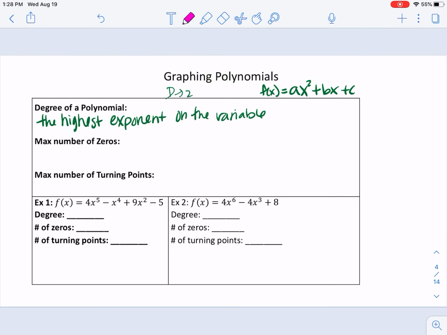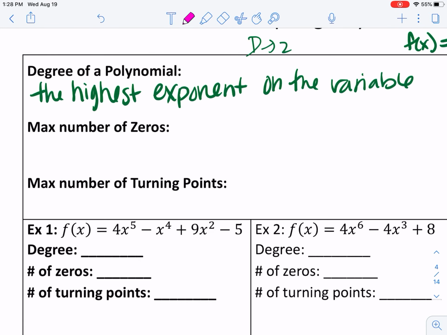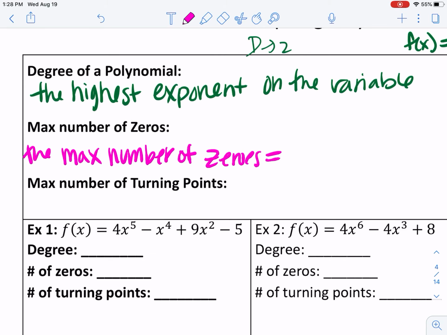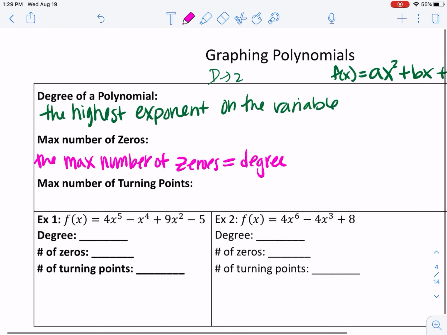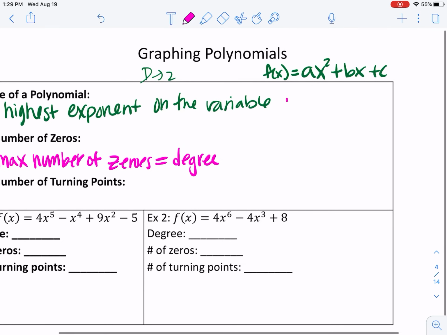Moving on, we have the maximum number of zeros. There's a really cool relationship here, which is simply that the max number of zeros is equal to the degree. Once again, we can use that idea of a quadratic to see that.